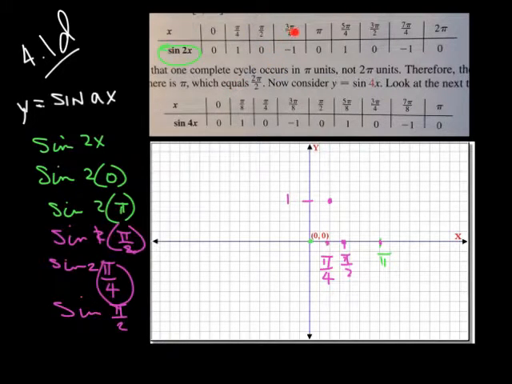So my x value is 3 pi over 4. That means I'm going to be over here, about right there. So I've got my x value there. I need to know how far up or down I go from there.